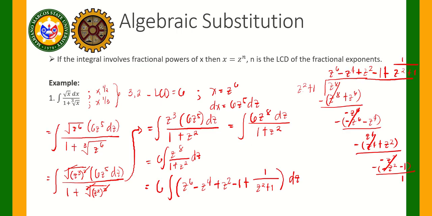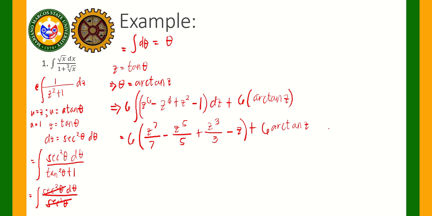So, from here, yan. x is equal to z raised to 6. So, how do we find the value of z? So, kunin natin yung 6th root para ma-cancel siya, and we will have the 6th root of x equal to z. And if we transform this into exponential form, this will be equal to x raised to 1 over 6 equal to z.